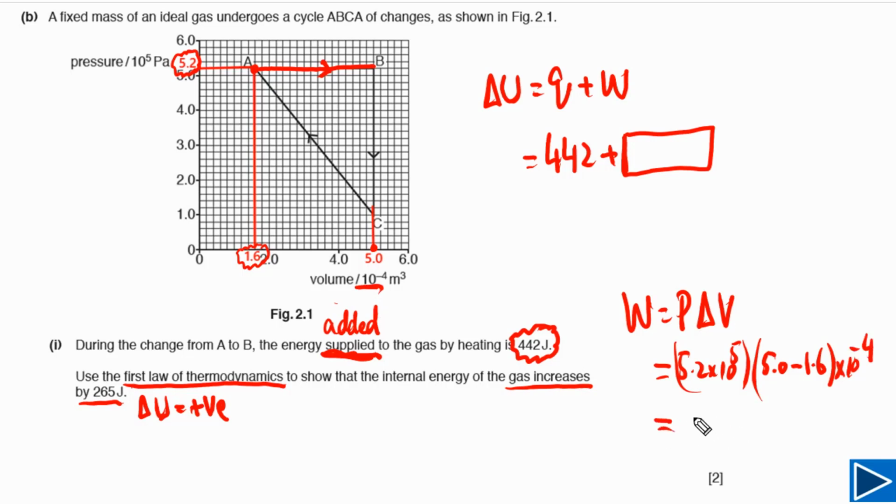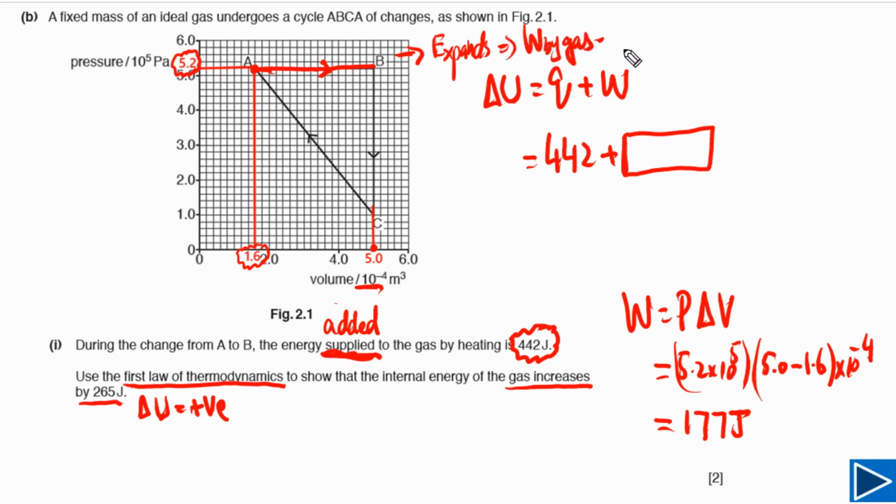If we simply multiply and solve this one, this is our answer. So this is value of W. But now we need to find out whether work done is positive or negative. If we go from A to B, you can see the volume is increasing. It simply means that the gas expands. When gas expands, it means work is done by gas.